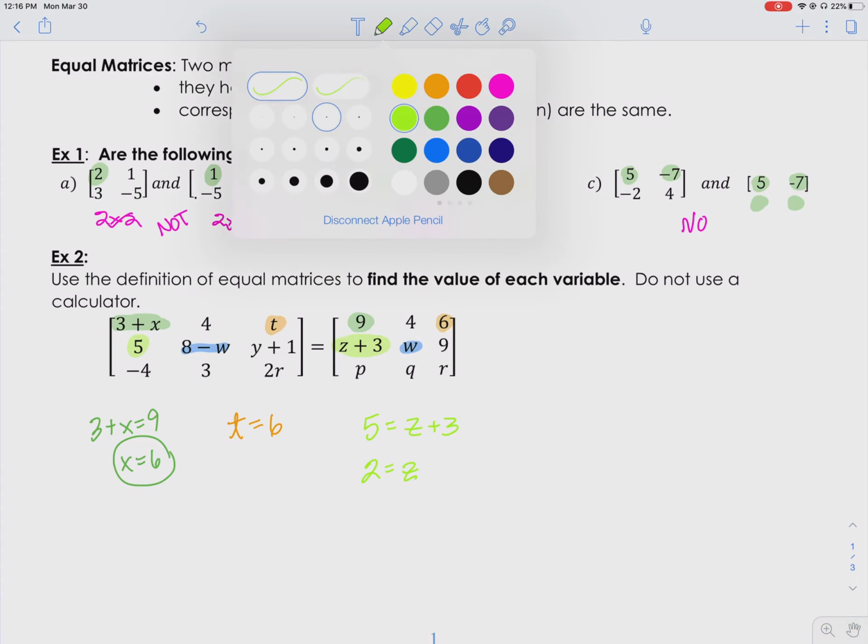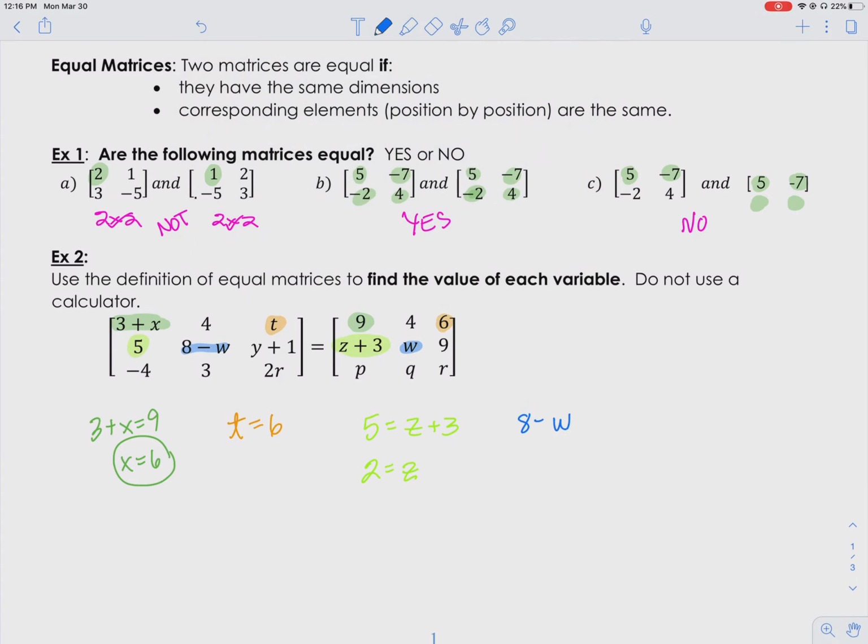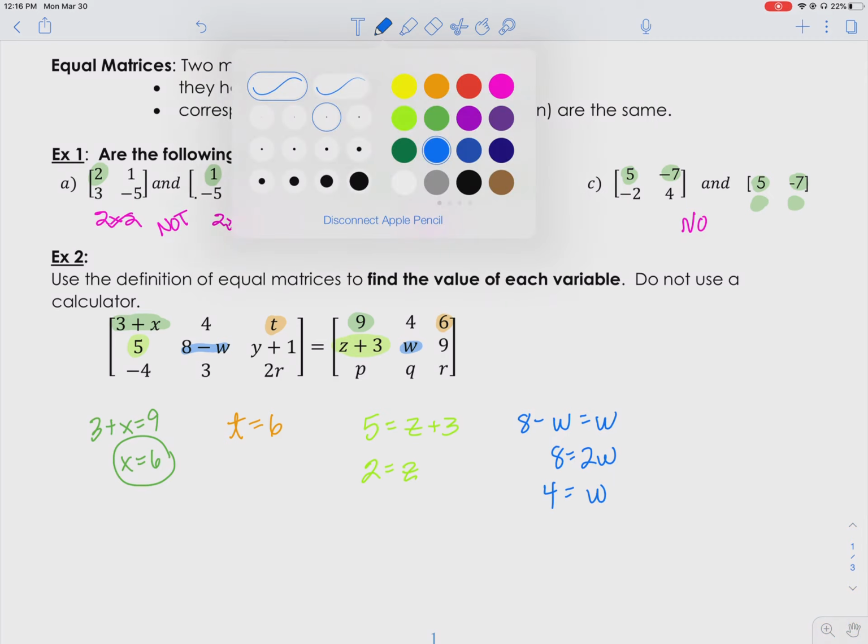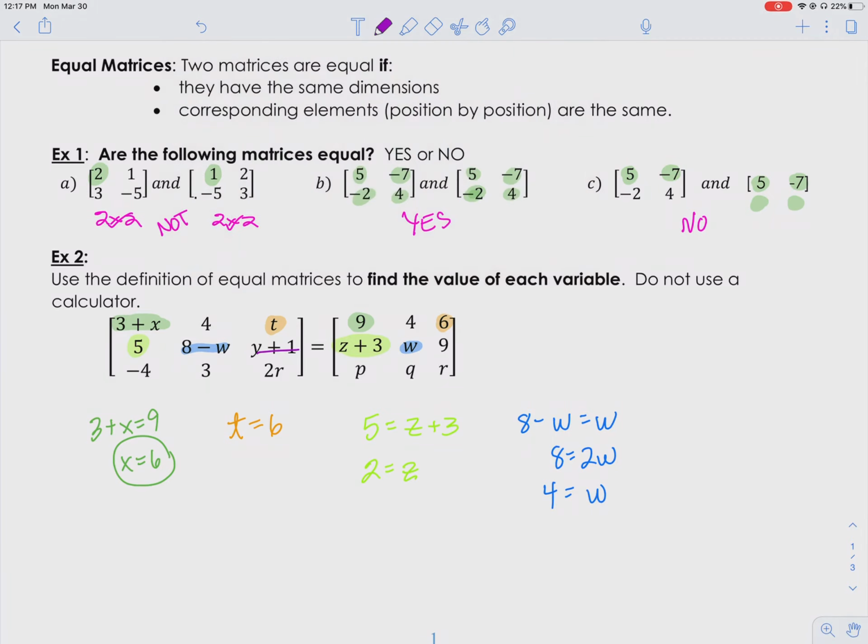So I'm going to set those equal to each other. 8 minus w equals w. So 8 is 2w. So my w has to be equal to 4. So basically, you're just getting lots of little equations to solve this. So I've got y plus 1 equals 9. So that means my y's got to equal 8.